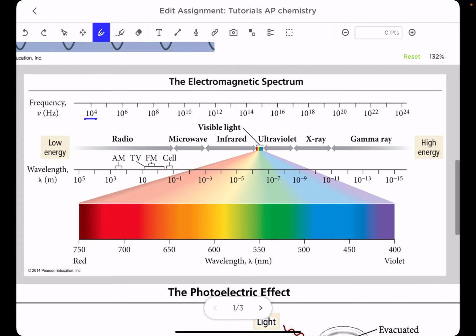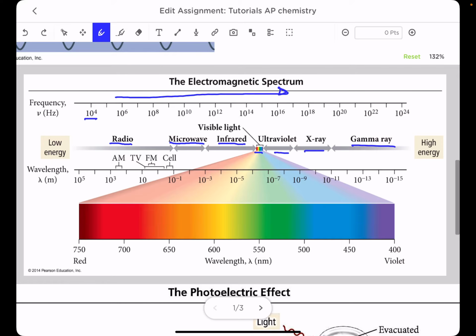The waves with the lowest energy are called radio waves. A higher energy would be like microwaves, infrared, visible light. Going in this direction along the electromagnetic spectrum, every time I shift to the right, I'm talking about higher and higher energy. Like ultraviolet light, X-ray with even higher energy, and gamma ray, which is light with the highest energy.